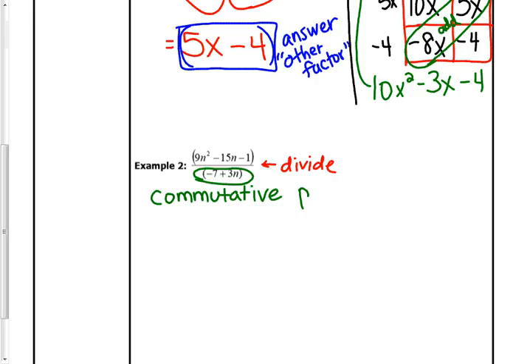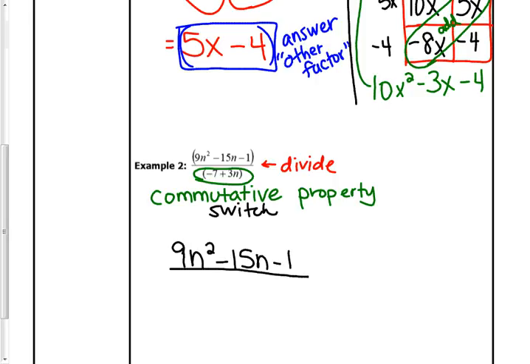So I can go ahead and rewrite this denominator. I'm going to leave my numerator the way it was, 9n squared minus 15n minus 1. And now I'm going to rewrite the denominator. Instead of the negative 7 being first, I'm going to write the 3n first. And then instead of the 3n being last, I'm going to put that negative 7 there.